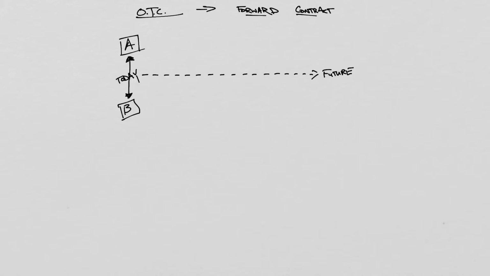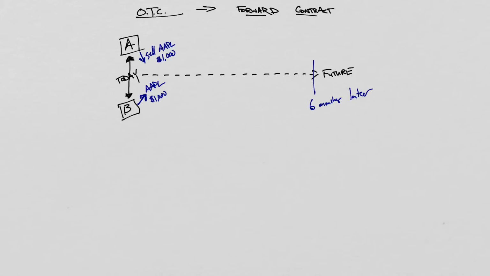And so A and B might say something like this. B: I want to purchase Apple, not today, but I want to purchase it for $1,000 from you, A. Again, not today, but in the future. Let's say 6 months from now. And if A thinks that's a good deal, of course, both sides think that they're getting a good deal.